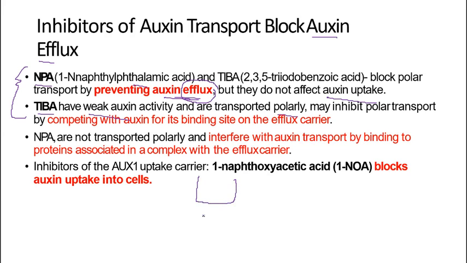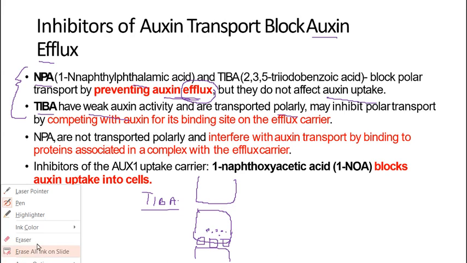If this is the cell, and here are the PIN proteins, and if the blue color is IAA and the red color is TIBA, then TIBA, having a weak auxin activity, will go and bind to the PIN proteins so that IAA minus cannot be released. It doesn't allow the auxin to bind to the PIN proteins. In that way, they inhibit the auxin efflux.